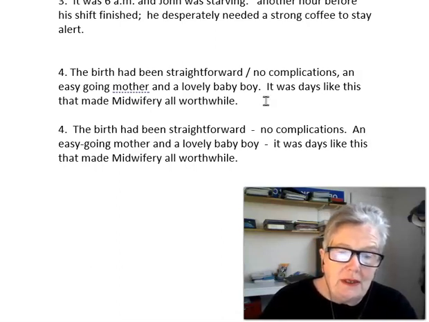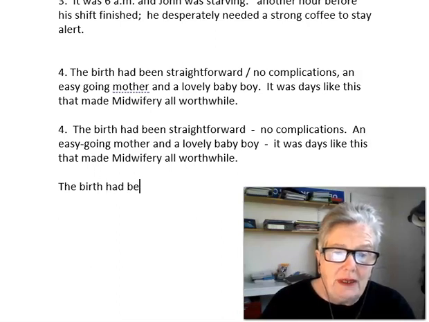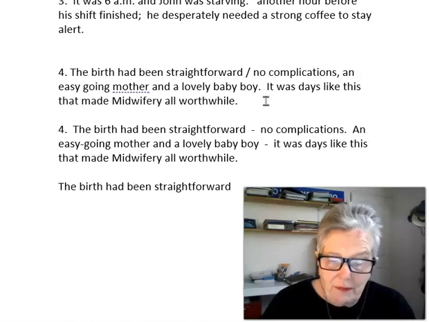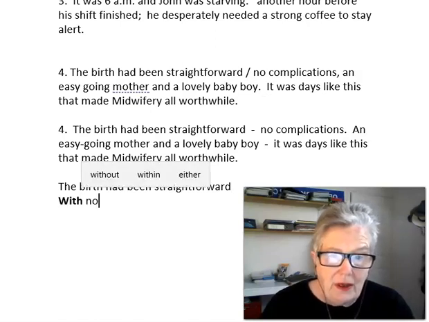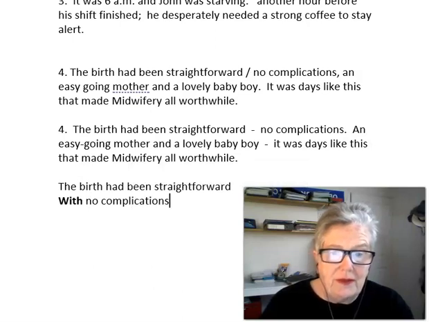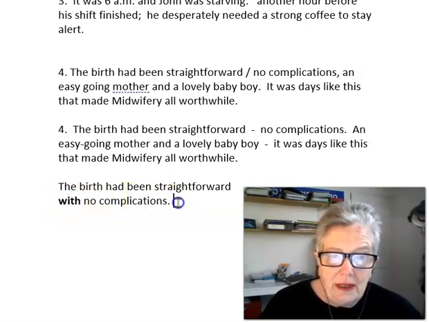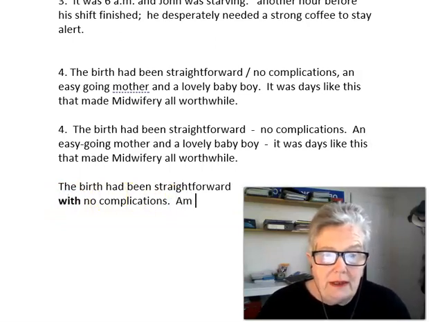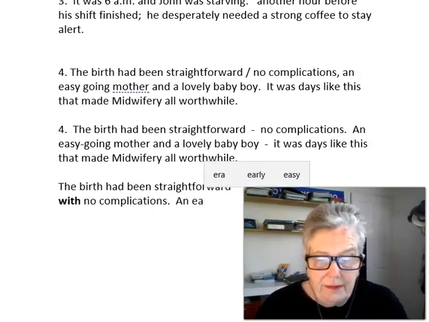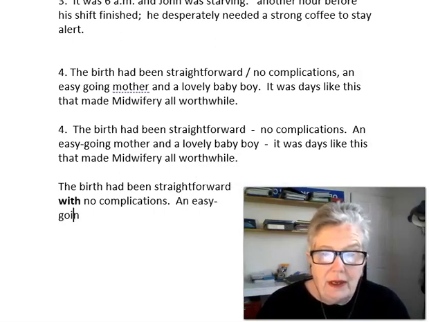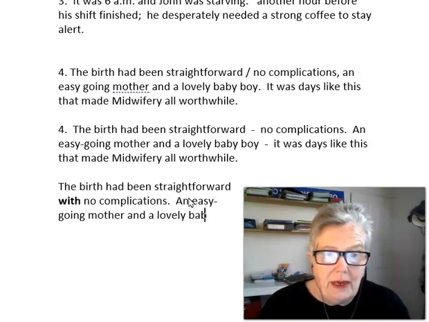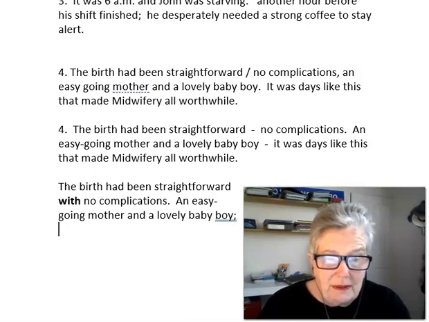Now, you could write it: the birth had been straightforward with no complications. That's fine. With no complications. And easygoing mother and a lovely baby boy, and there you've just put a semicolon.